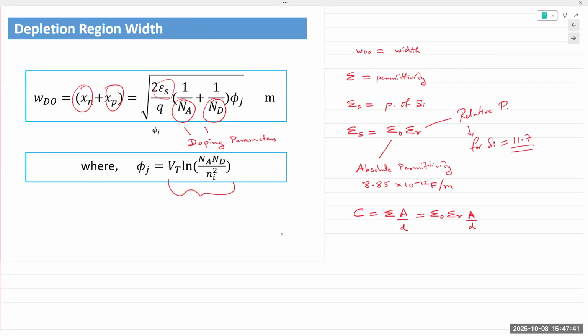So for silicon, epsilon r, or relative permittivity, is 11.7. Relative permittivity is the ratio of the permittivity of the material relative to absolute permittivity. Because it's a ratio, it does not have any units. It's dimensionless.